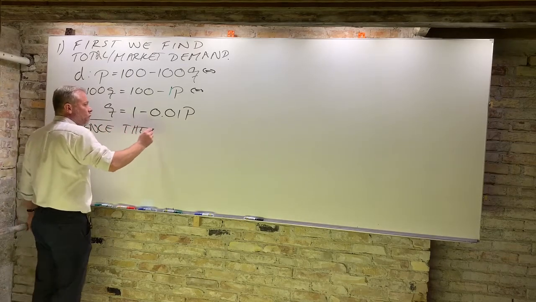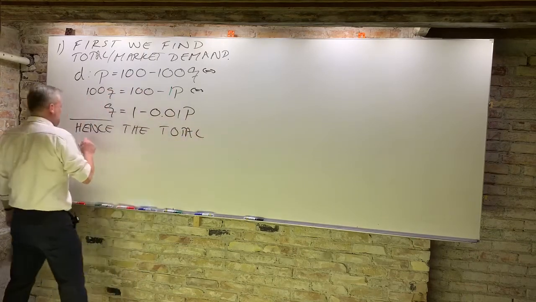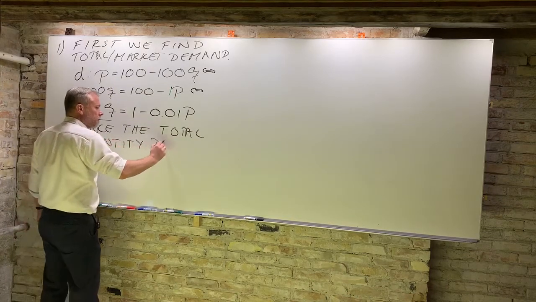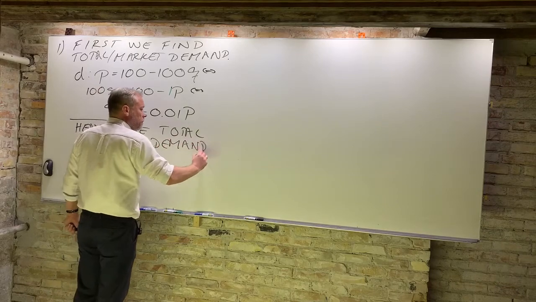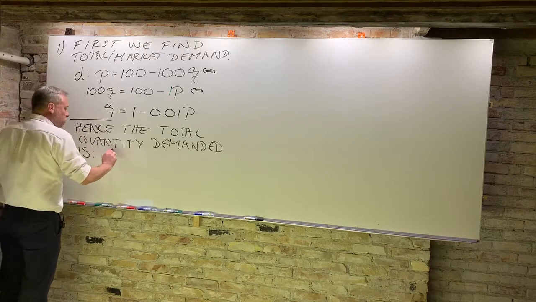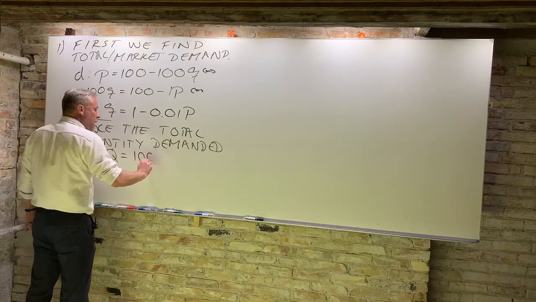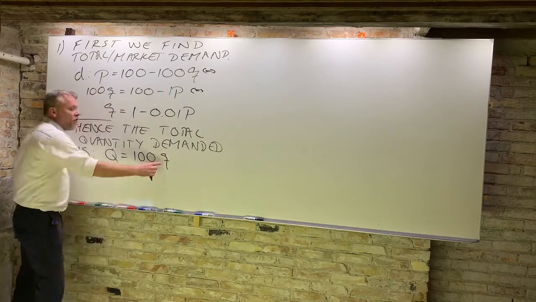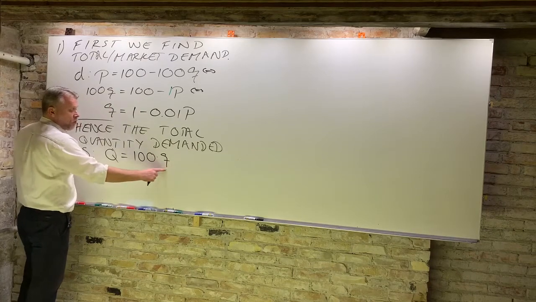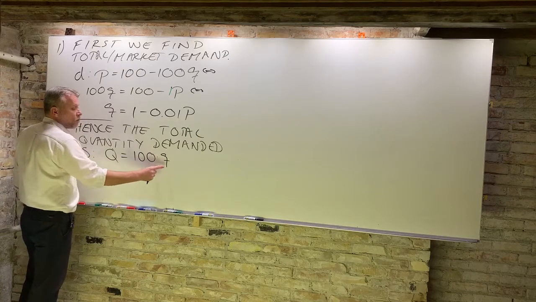the total quantity demanded is, and let's call it uppercase Q because it's the total. The whole point is that it must be 100 times the individually demanded quantity, since there are 100 individual consumers each wanting to buy this many units, and then the total quantity demanded must be 100 times that.